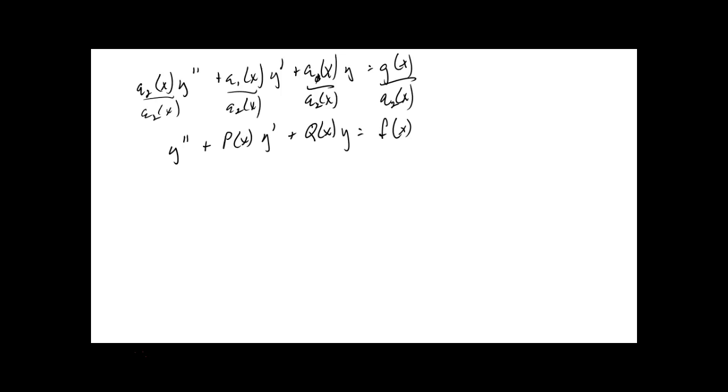All right. So in this form, we suppose that the coefficient functions p of x, q of x, and f of x are continuous on some common interval I. Especially since we divided by the same thing, if we did introduce a discontinuity, it would be the same for all of them. So that's a fairly good assumption.